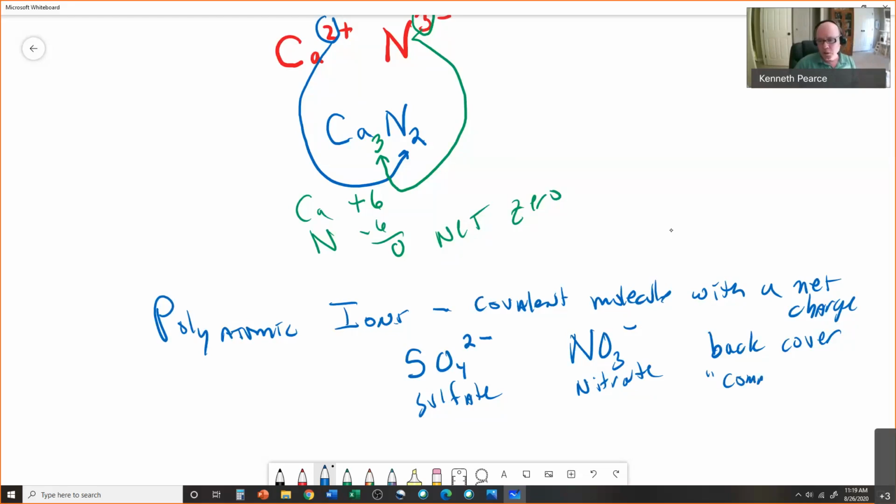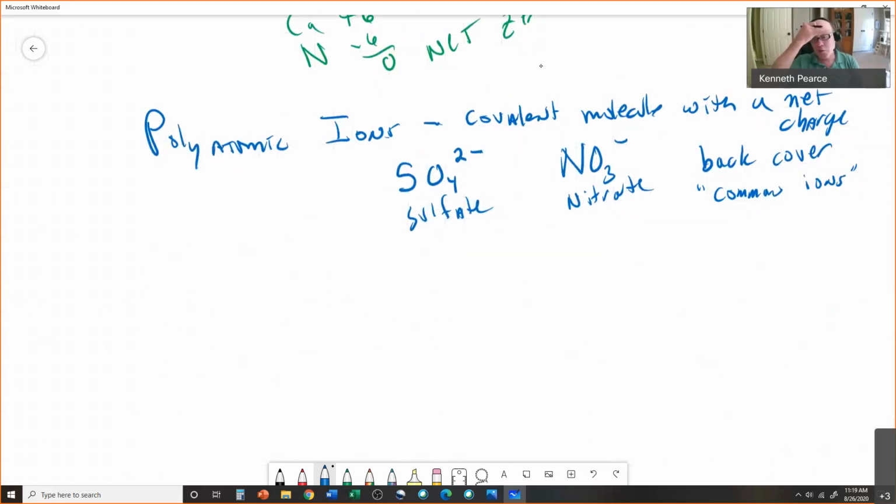You need to memorize that list of common ions on the back. Use flashcards or whatever you need to do. Naming is very important. We have these polyatomic ions, and we can make ionic compounds out of these. Now remember, the net charge of the compound itself still has to equal 0.